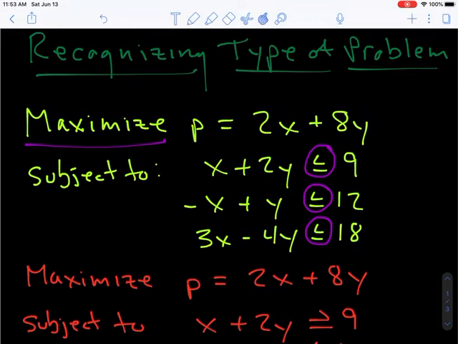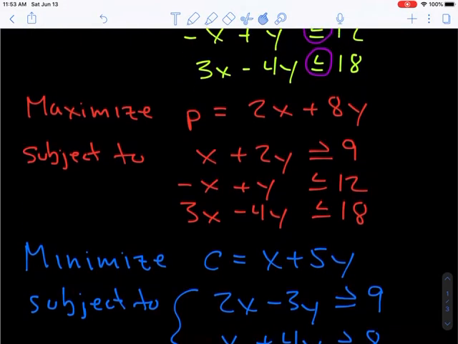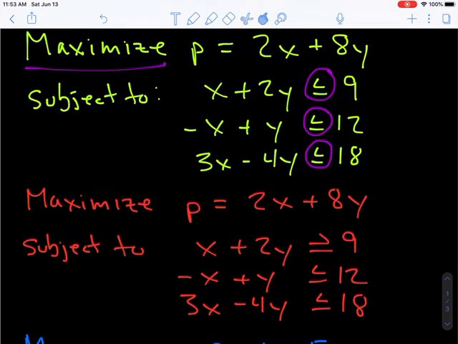When we look at the second problem, it also says to maximize, and it's almost identical except for one thing: right here we have one inequality which has been switched. That inequality is now a greater than or equal to, whereas it used to be a less than or equal to in the previous problem.